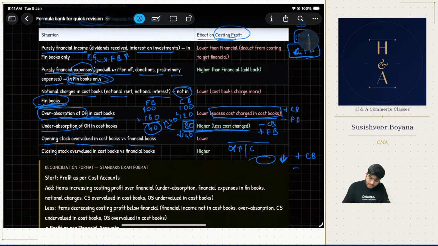If I'm starting from financial books, I'm going to subtract. The opposite is for the closing stock. For closing stock, I have overvalued. That means in my cost books, my profit is going to be higher. That means from costing books, I should reduce. If I'm starting from financial books, I'm going to add, right?